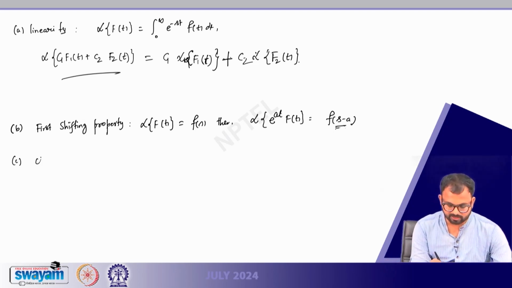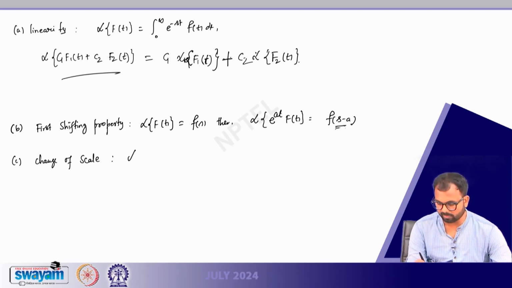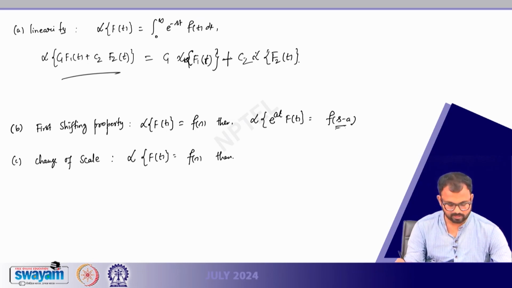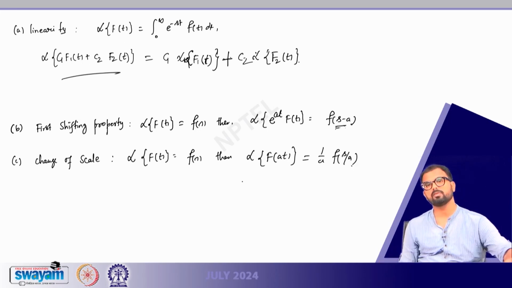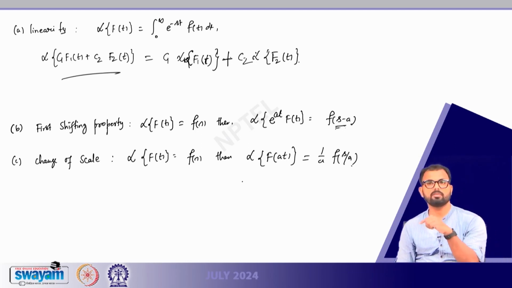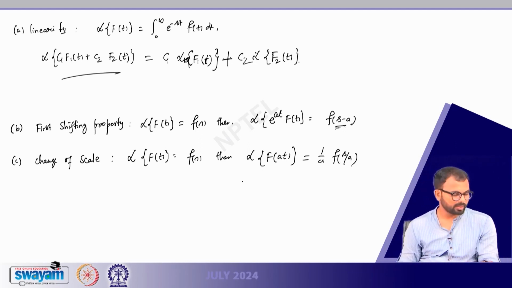The third property is the change of scale property. It says that if the Laplace transform of f(t) is denoted by F(s), then the Laplace transform of f(at), where we have changed the scale from t to at, will become 1 by a times F(s by a).